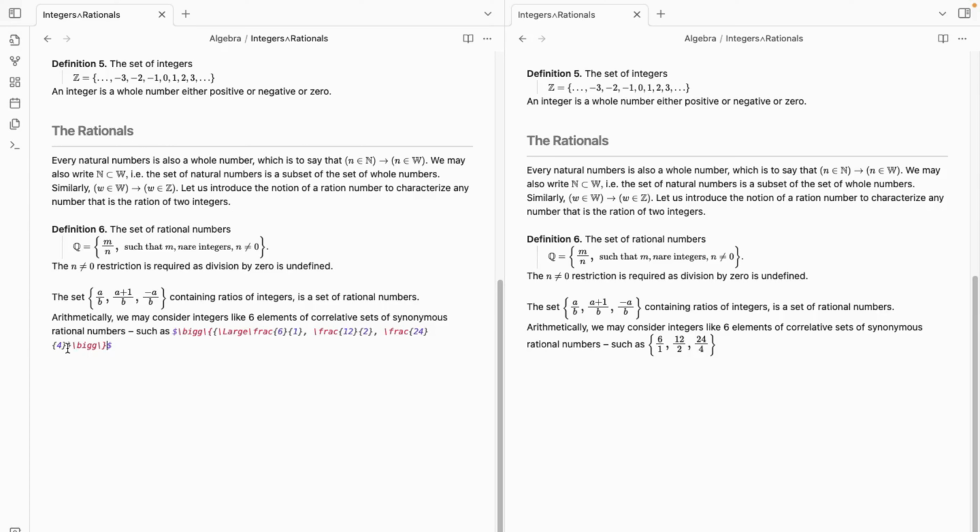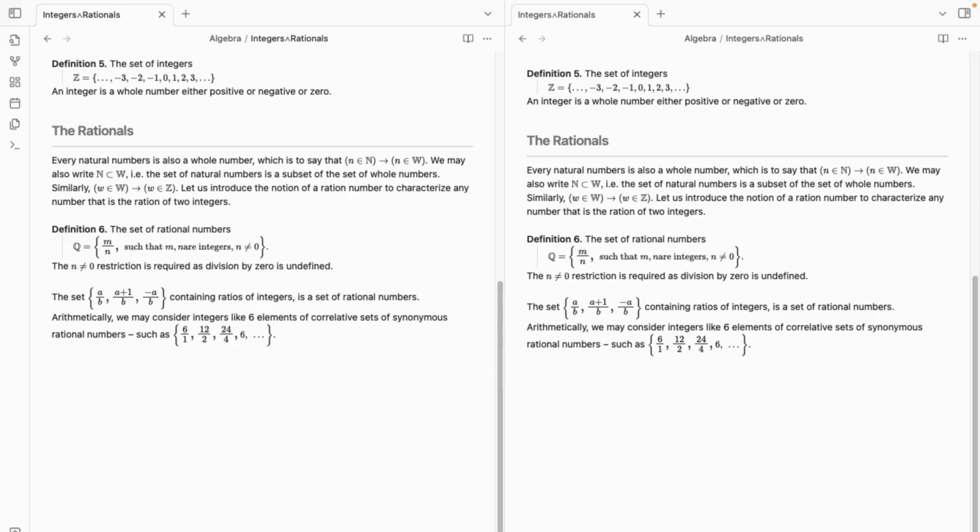So we've got a few more that I can add in here. And there are essentially infinitely many of these. So it's a set of correlative values. They all correlate to the value of 6. Hopefully that's fairly straightforward.